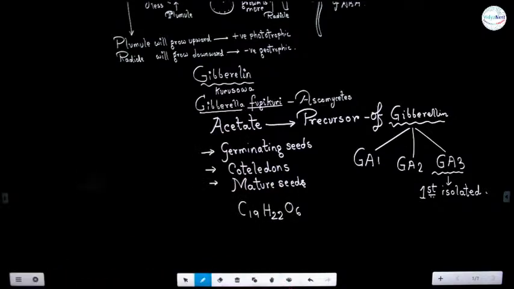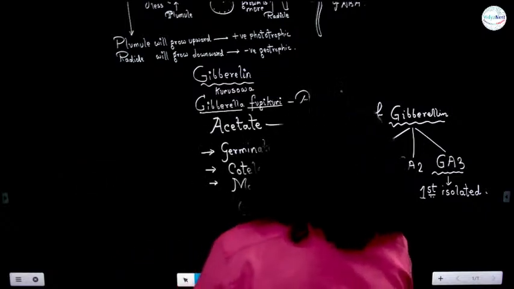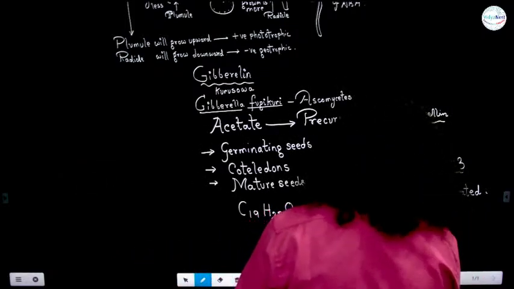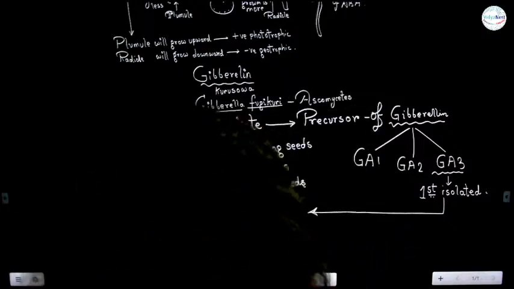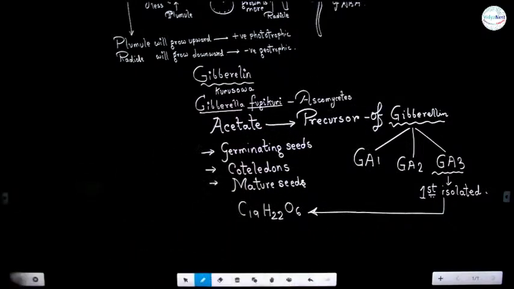So this is a general formula for GA3 which has been isolated first. Clear? After this, we are going to move on to the different functions which are associated with the gibberellin.